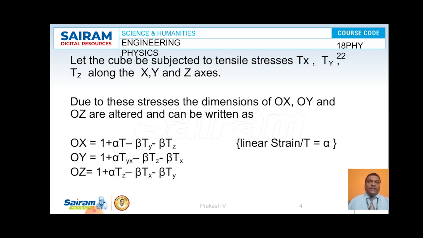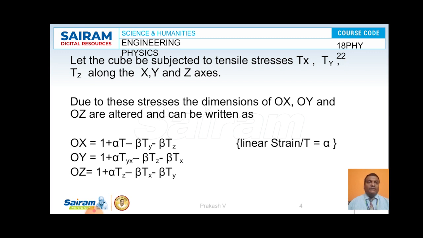Now let us consider the cube subjected to tensile stresses, that is Tx, Ty and Tz along the x, y and z axes. Due to these stresses, the dimensions Ox, Oy and Oz are all altered.